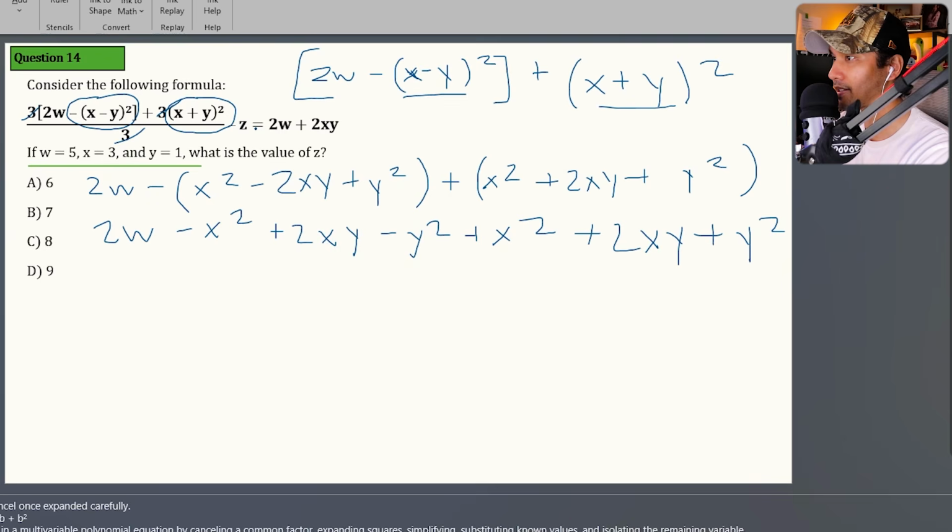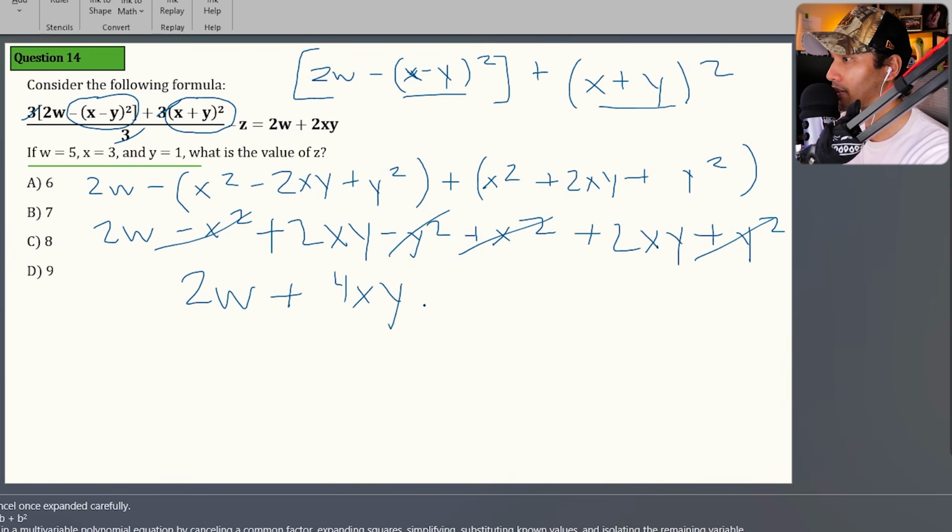I'm not going to bring down the minus z equals 2w plus 2xy yet, because I want to cross these out. Minus x squared cancels with plus x squared, and the y squared terms cancel. The 2xy terms can't cancel, so we're left with 2w plus 2xy plus 2xy, which is 4xy. Then I tag along the z equals 2w plus 2xy.